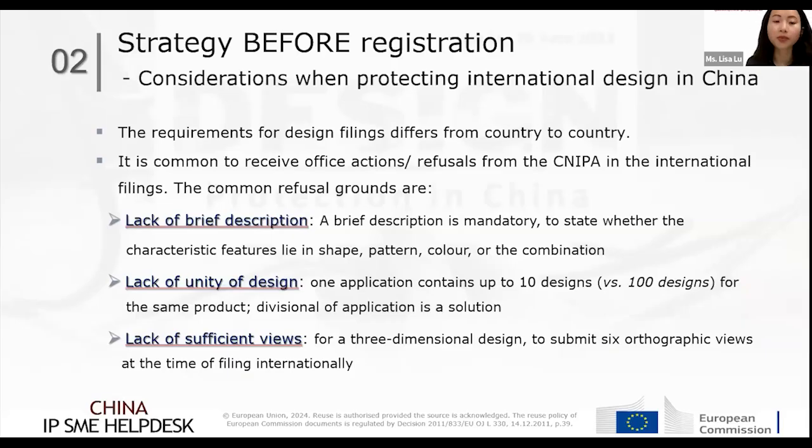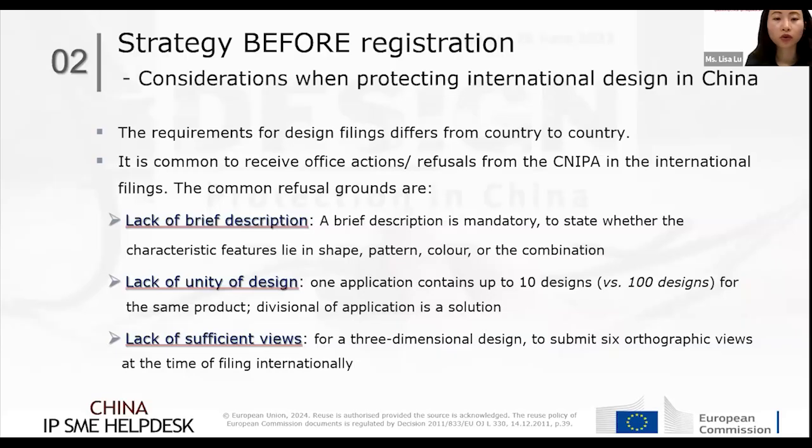But you need to keep in mind that even though it's an international design, it is still each national or regional IP office that makes the final decision whether to grant the industrial design rights or not.